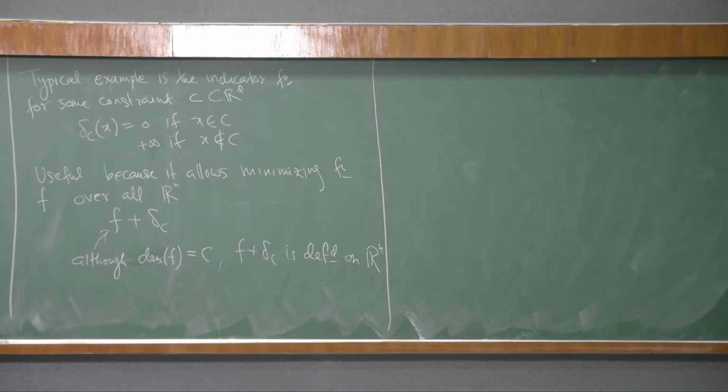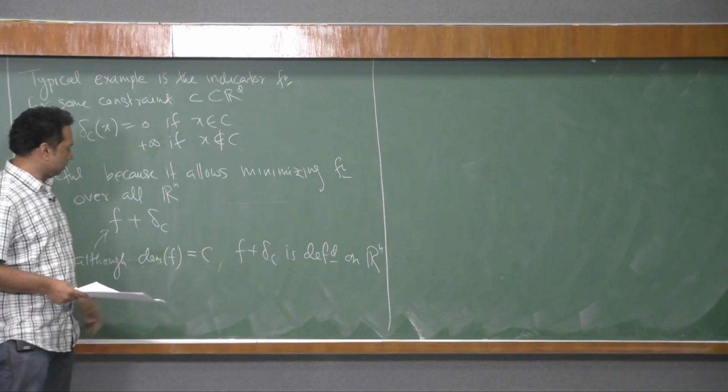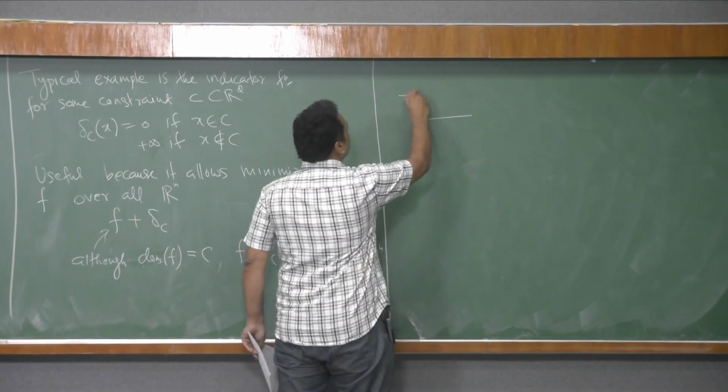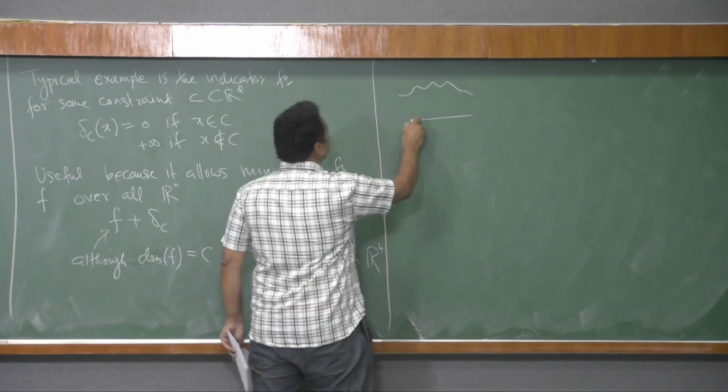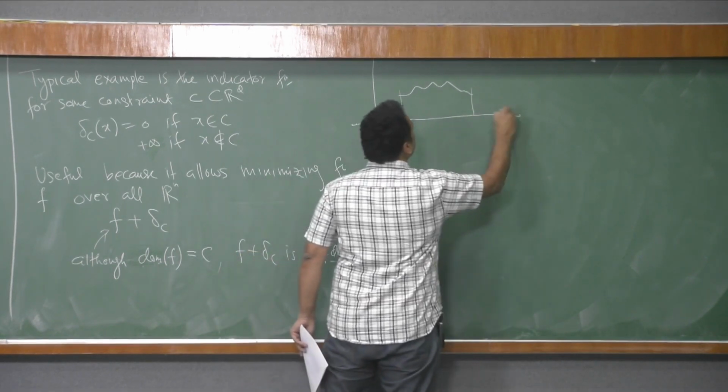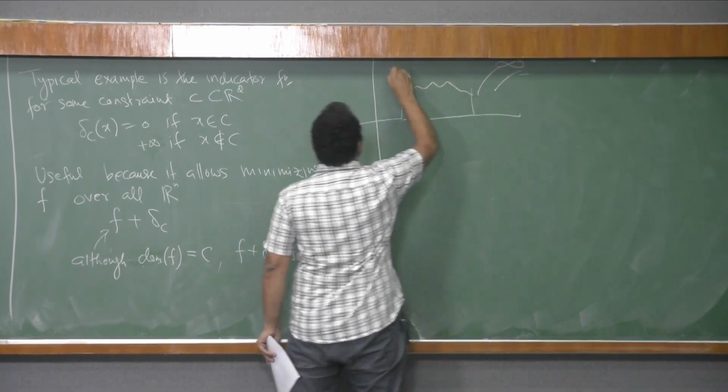So this kind of extension also creates a discontinuity, because the function is taking valid values on C. So basically, if the constraint set is C, the function is taking some valid values, but then due to the indicator function, beyond this it takes infinite values.